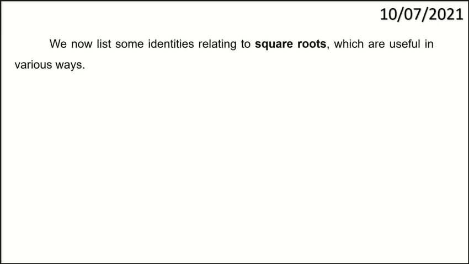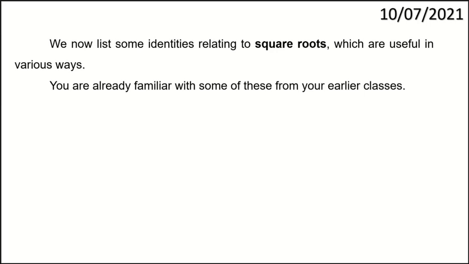Now let's go for some identities using square roots. We shall list those identities relating to square roots, which are useful in various ways. We will see the applications of them. You are already familiar with some of these from your earlier classes. In class 8 you have learnt some of the formulae.